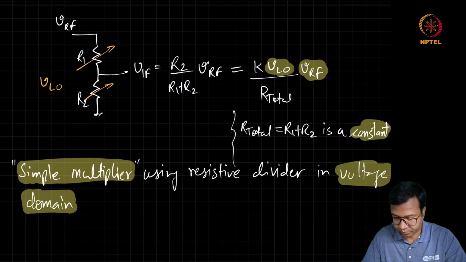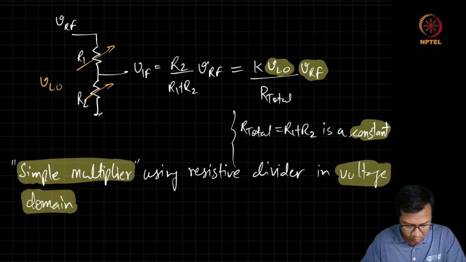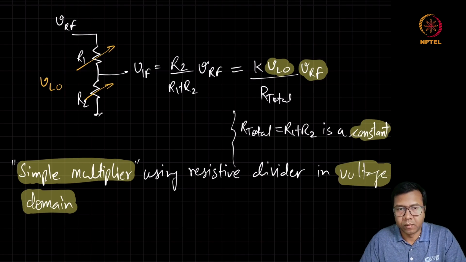Okay. We will see that when we are talking about designing this mixer in a CMOS process, it is easier to design a current source than a voltage source, because these MOSFETs act like voltage controlled current sources.